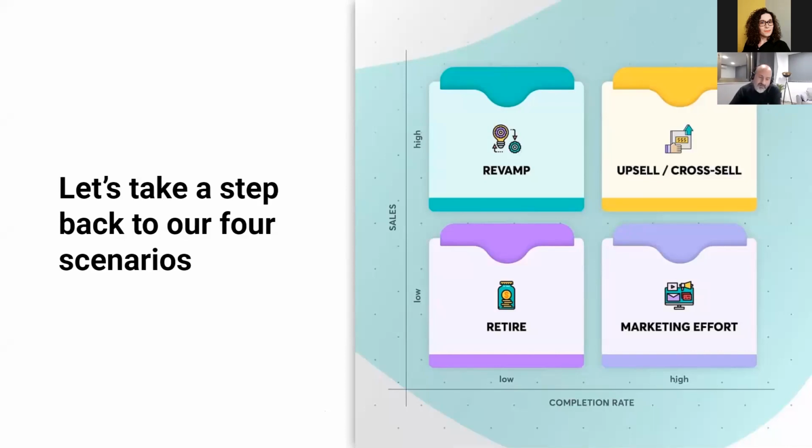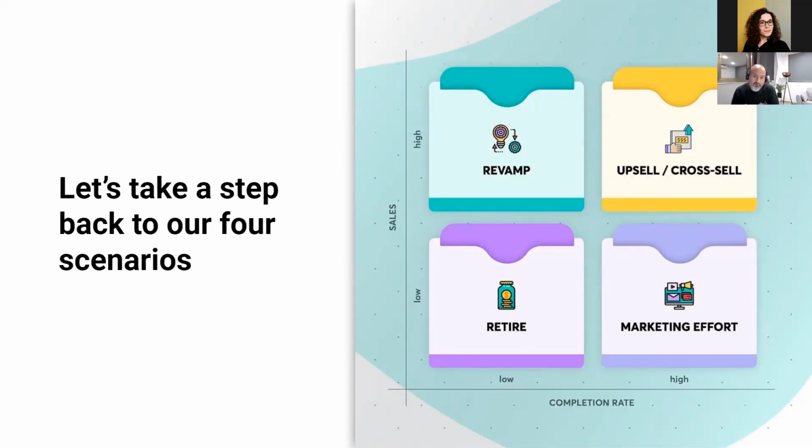This doesn't happen only once. This is a constant process. It has to do with how many courses you have, how many students you have, how frequently you change or update your content. So this is something that you might need to do once per month or once per 6 months, or even much faster if you have a large and fast-paced school.